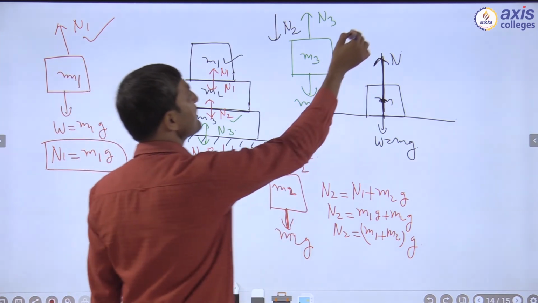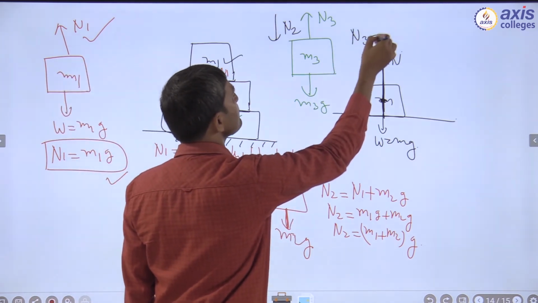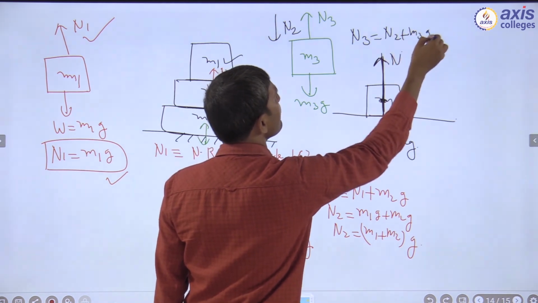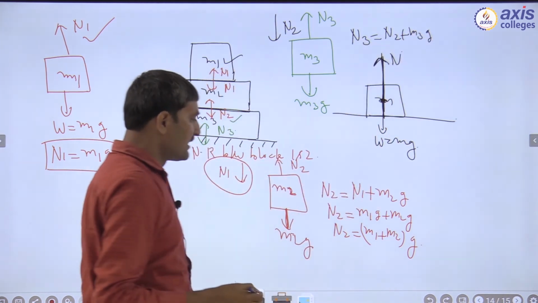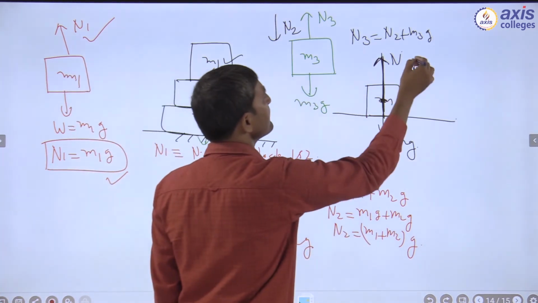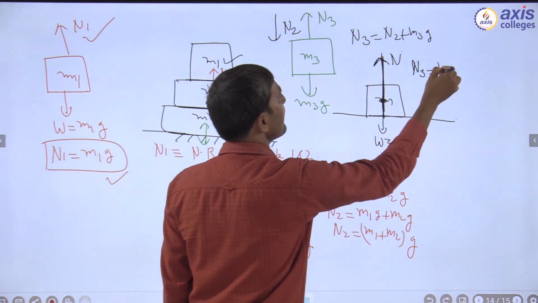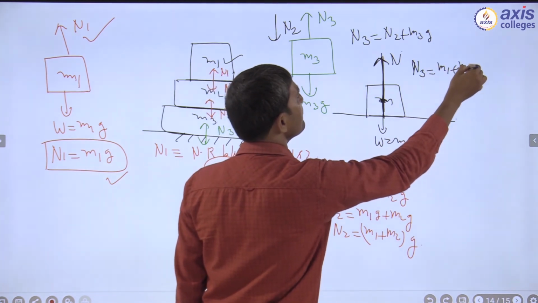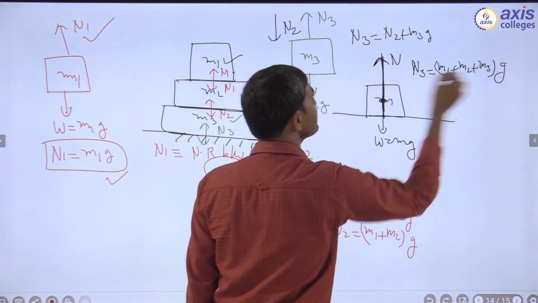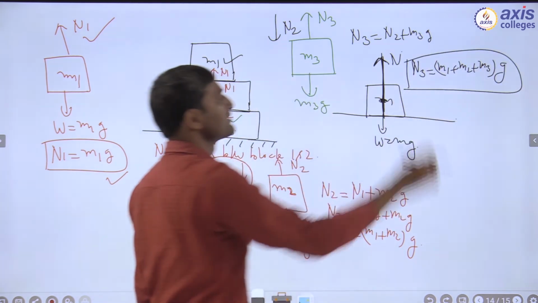I can write N3 equals N2, which is downward, plus m3g, which is downward. And what is N2 actually? N2 is (m1 plus m2) g. So simply I can write N3 equals (m1 plus m2 plus m3) into g. This is the normal reaction on block 3.